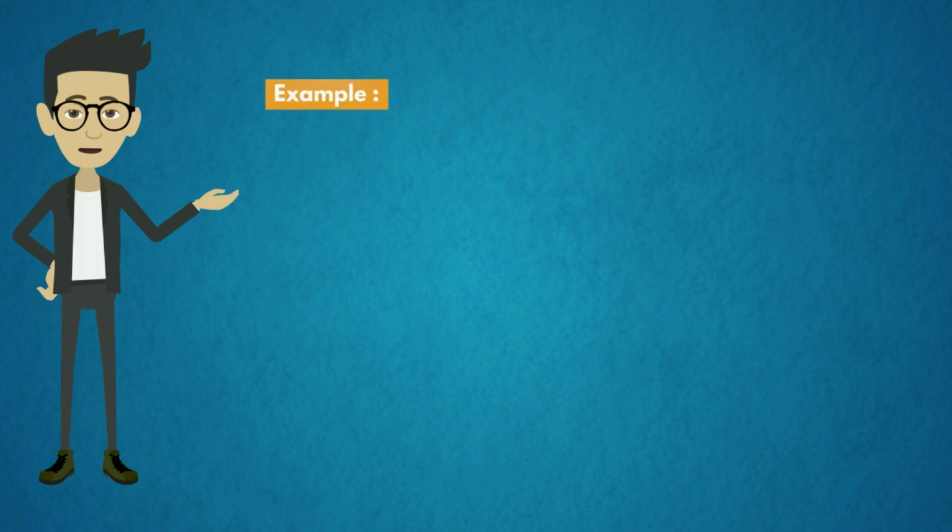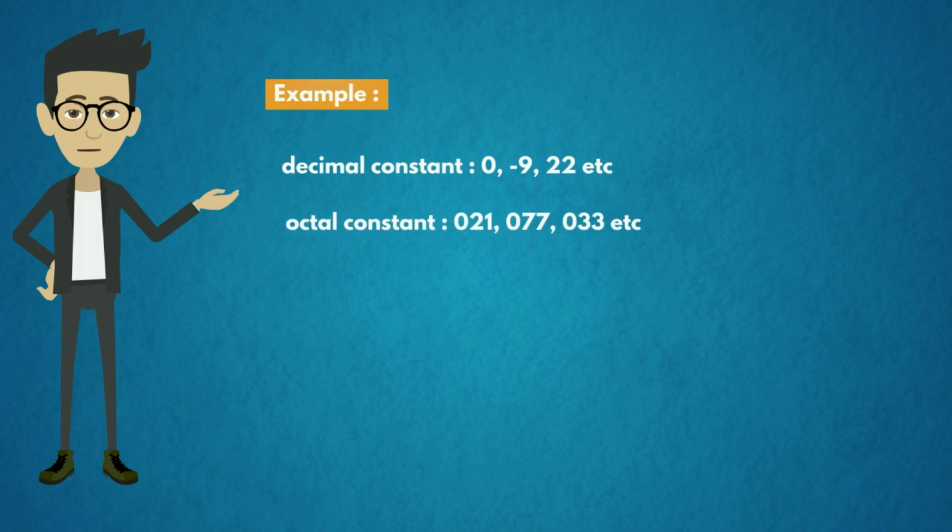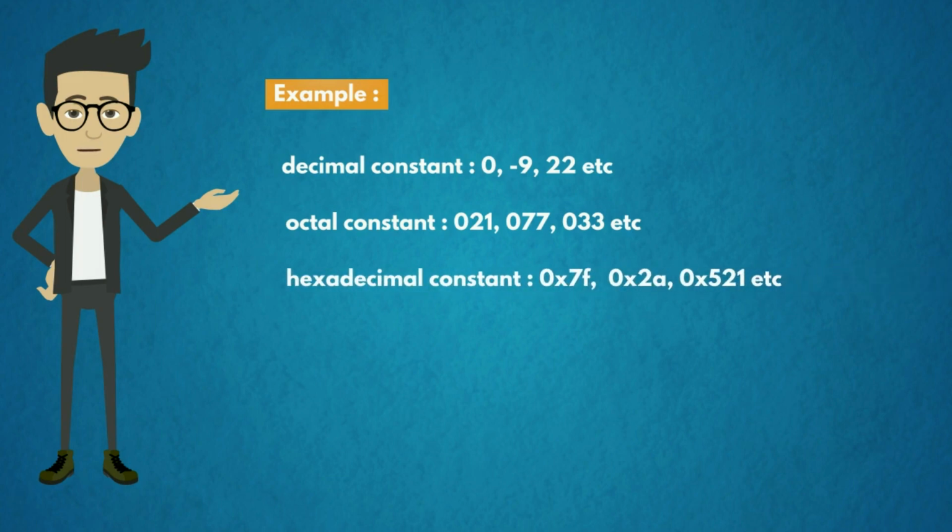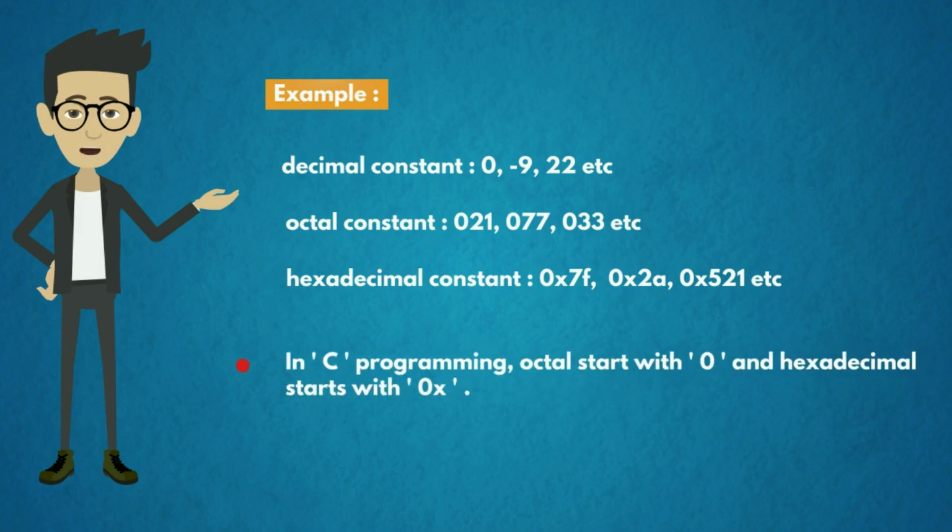The examples are: first, decimal constant 0, minus 9, 22, etc. Second, octal constant 021, 077, 033, etc. Third one, hexadecimal constant 0x7f, 0x2a, 0x521, etc. In C programming, octal starts with 0 and hexadecimal starts with 0x.